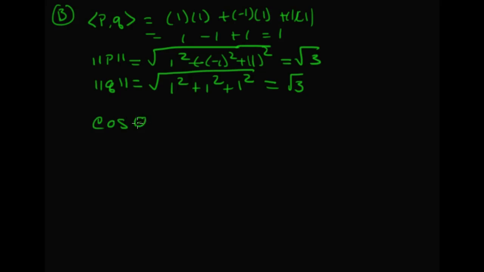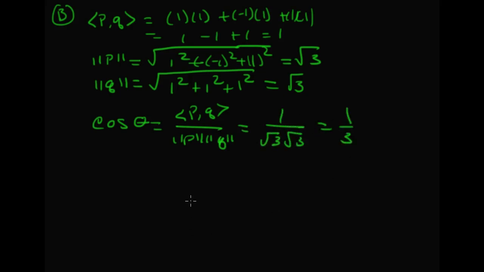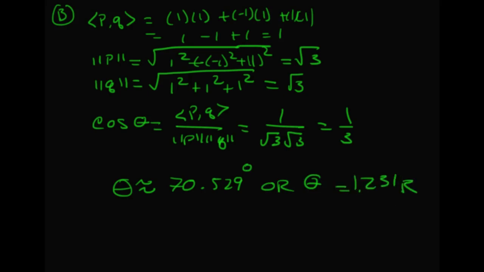So the cosine of theta should equal P dot Q over norm P times norm Q, which is 1 over root 3 times root 3, which is 1/3. If we take the inverse cosine of both sides, you're going to get that theta is approximately 70.529 degrees, or if you did it in radians, approximately 1.231 radians.